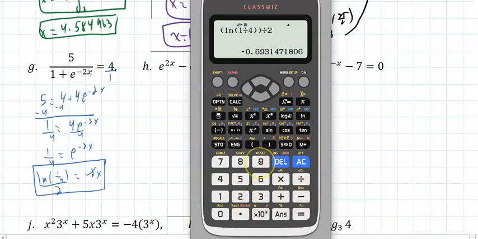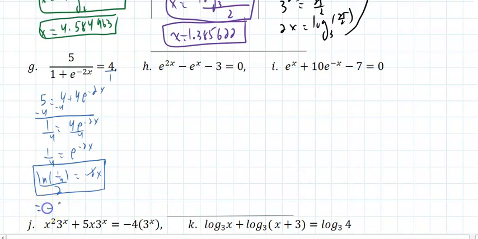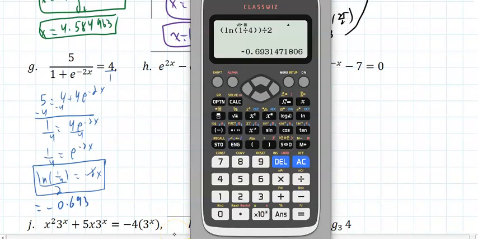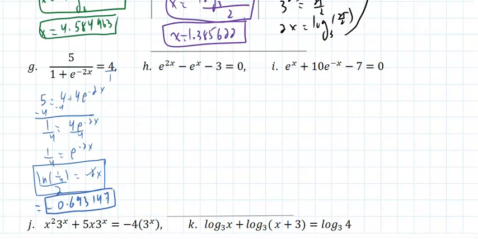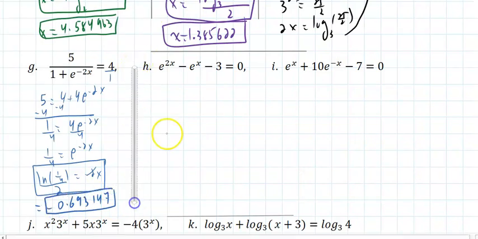It's already a natural log. Negative 0.693147. Oh, this one didn't. Nice. So it doesn't always round up. It's a coincidence.